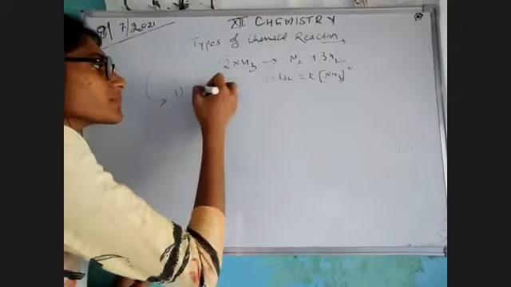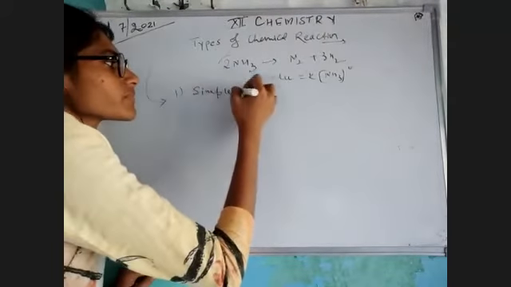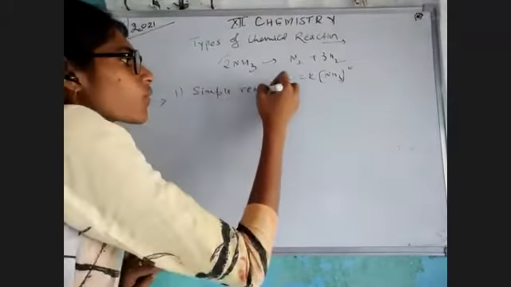First one is simple reaction, or we would like to say elementary reaction, and second one is complex reaction. Many reactions which we have seen were just simple reactions, just elementary reactions which take place in a single step.